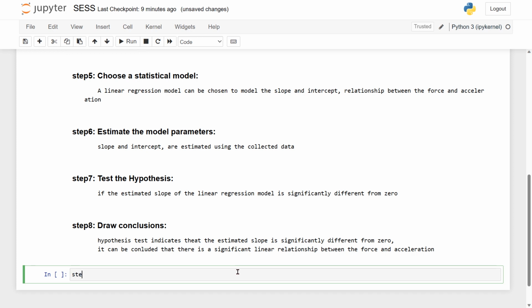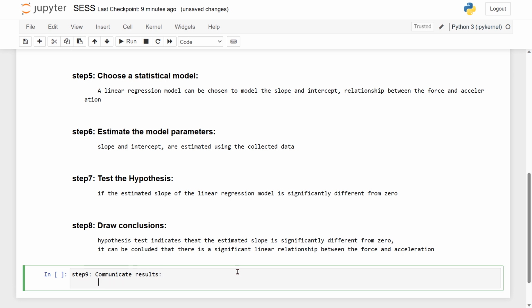So now step 9: communicate results. The final step involves communicating the results of the analysis to others.